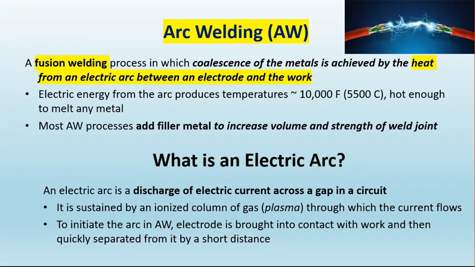Okay, we know that when we talk about arc welding, it involves electric energy in the welding fusion. Most arc welding adds filler metal to increase the volume and strength of the joint. An electric arc is a discharge of electric current across a gap in a circuit.